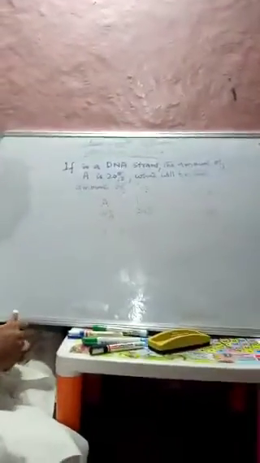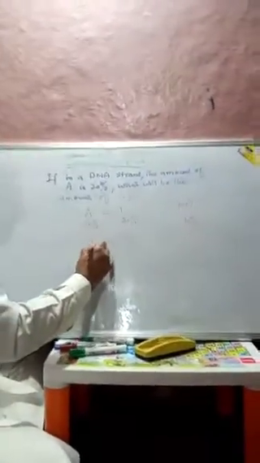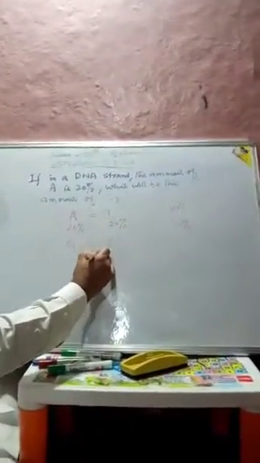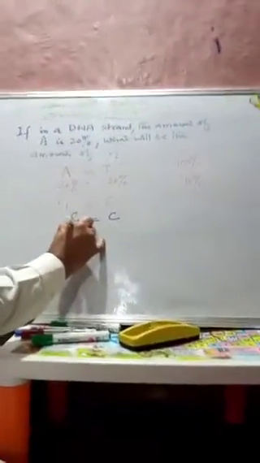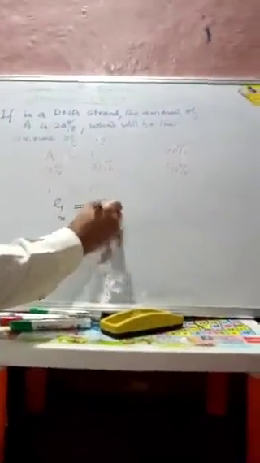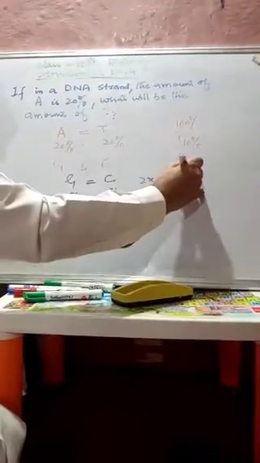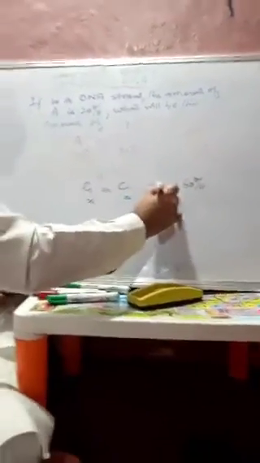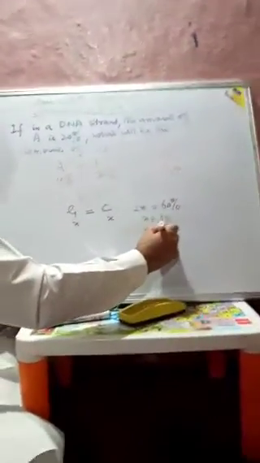We again know that guanine and cytosine are also equal. G is equal to C. Let the amount of G be X. That means C is also X. X and X make 2X. But 40% has already been accounted for, so the remaining is 60%. Now X is equal to 60 by 2, that becomes equal to 30%.